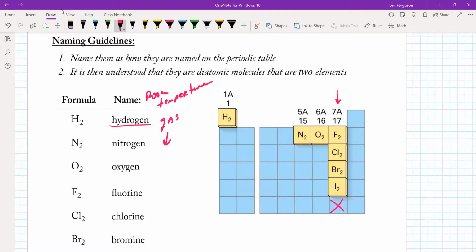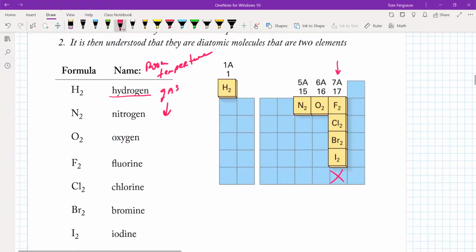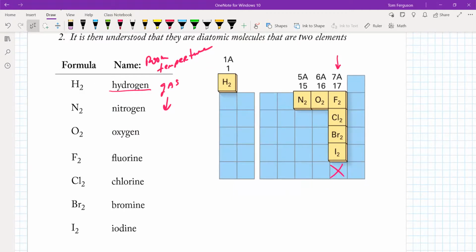You can say hydrogen gas or hydrogen. And if you're talking in text in terms of a molecule, you can say hydrogen, and it's known that hydrogen exists diatomically. I always like to say hydrogen gas just to make sure everyone's clear on what I'm talking about.